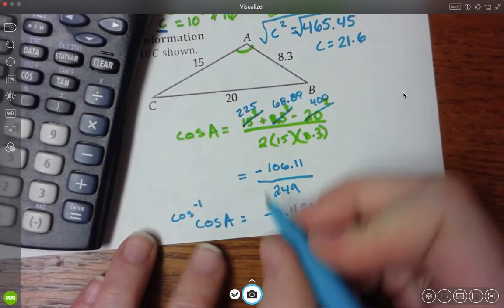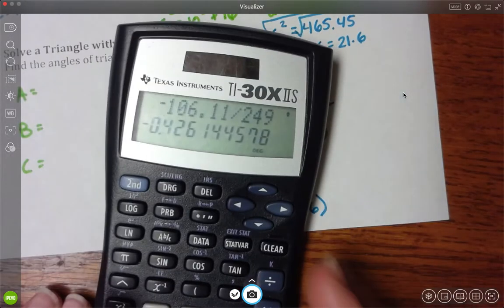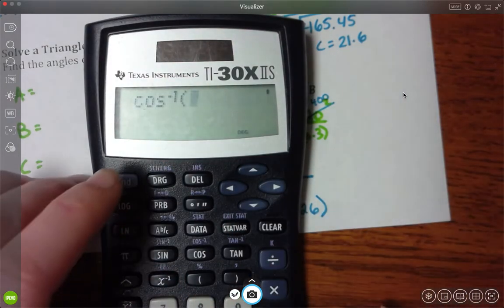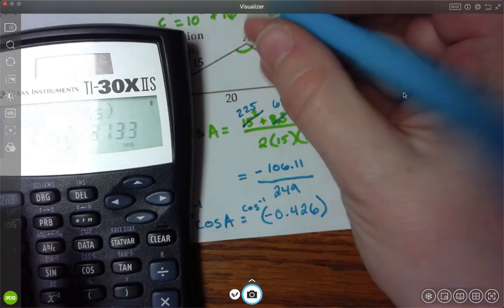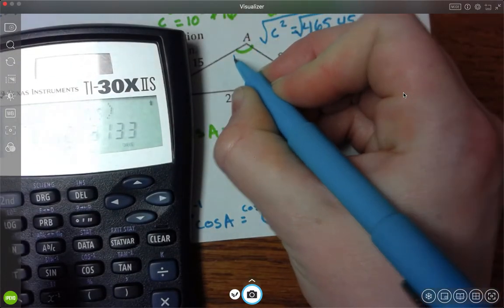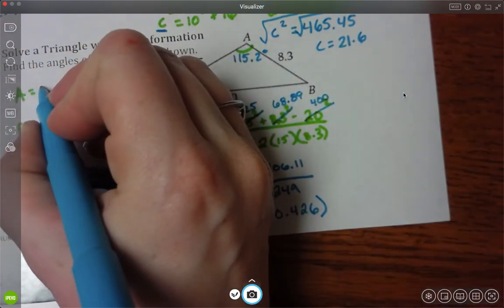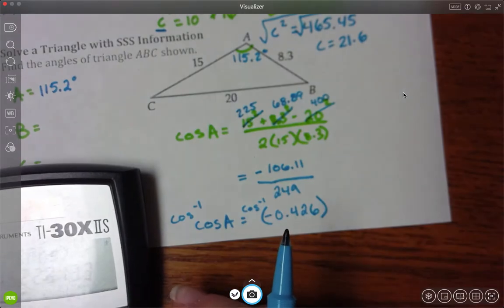Inverse cosine, and I can just leave what's in my calculator already, and do second cosine of the answer, then I don't have to type it all in again, and it's really super accurate. A is going to be 115.2 degrees.